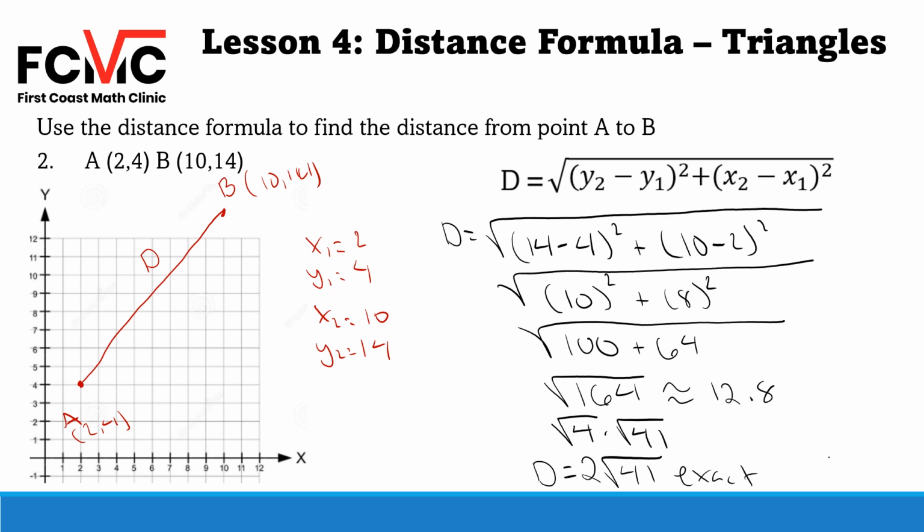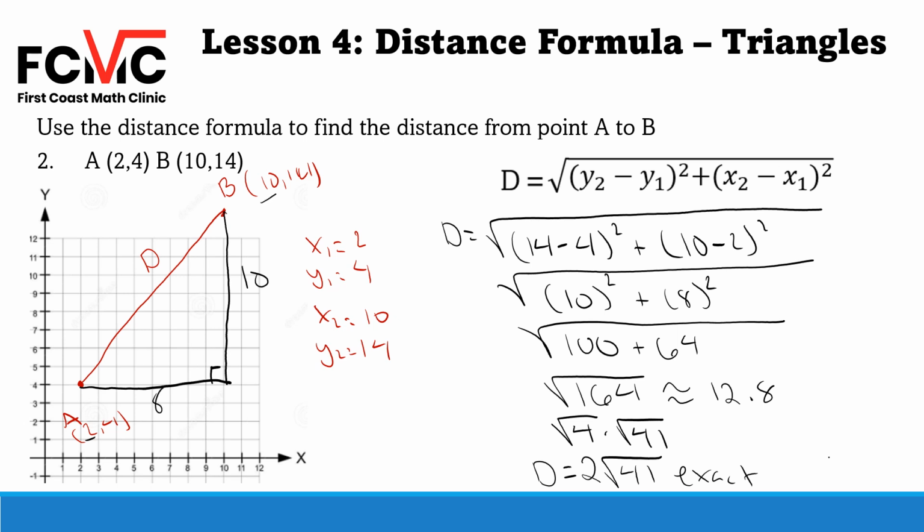Okay. Now, again, going back to what we've been doing in the previous couple examples. If I draw in the right triangle here, our vertical distance is going to be 14 minus 4. So this is going to be 10. Horizontal distance is going to be 10 minus 2. So that's going to be 8.